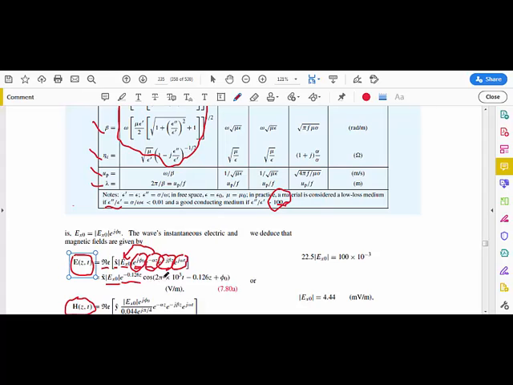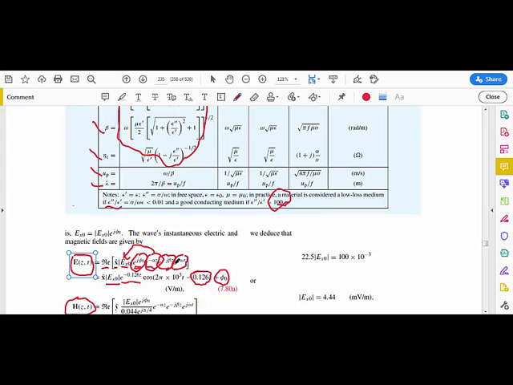Then cosine of 2 pi f t, this is omega t, from the first exponential, minus beta z, minus because we have minus j, plus the initial phase from the initial phase exponential.